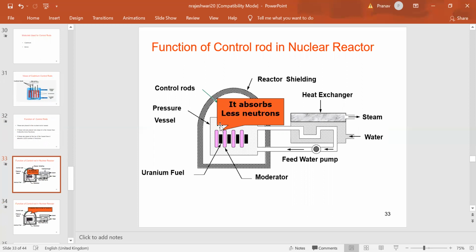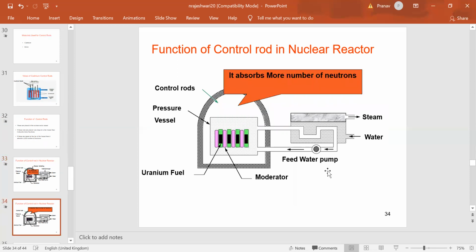So by keeping the control rods in the upper side, they absorb fewer neutrons.